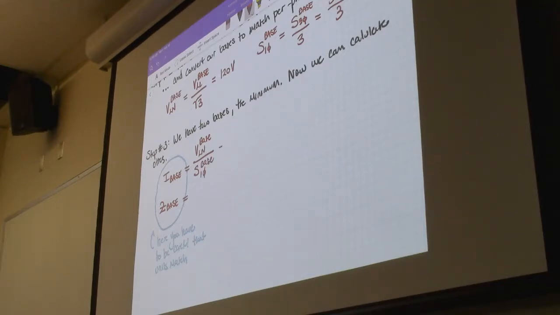So that'll give us 120 volts over, what's 5.4 divided by 3? Can someone give me that value? 1.8 exactly. There we go, 1.800.